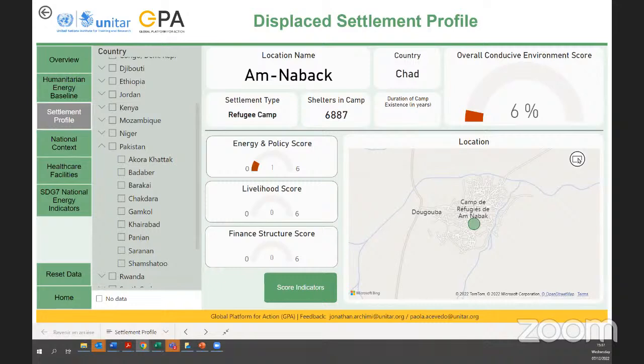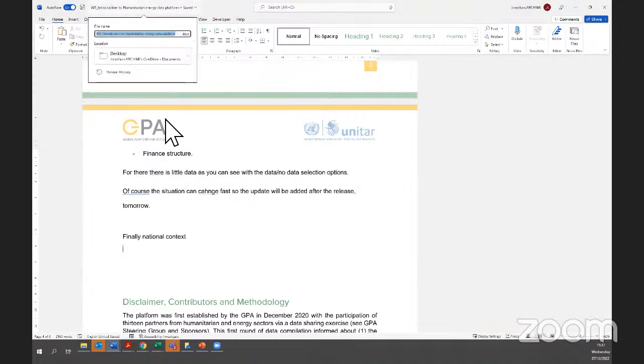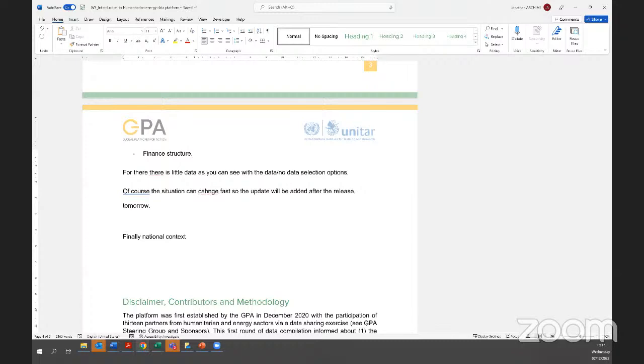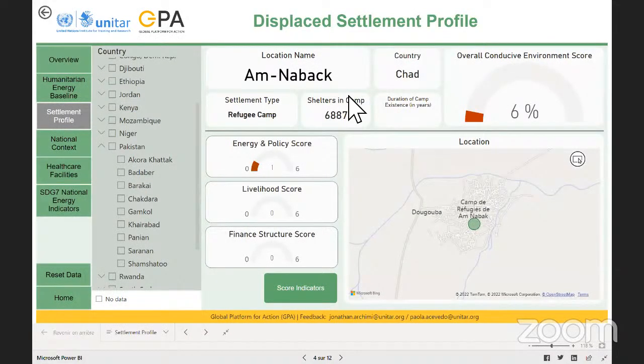I was also wondering if the dashboard allows you to do a comparison across refugee camps or across different countries or contexts, because right now it's one page where you get information on one settlement or one national context.